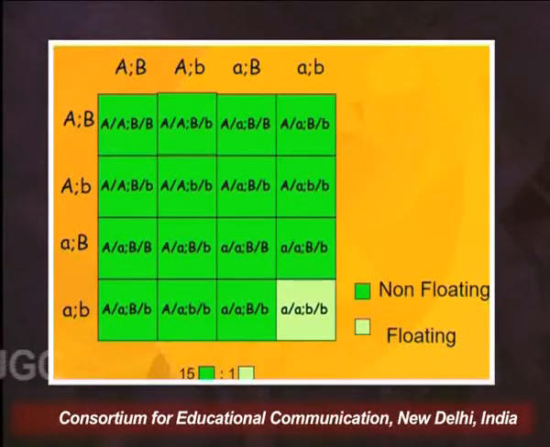And on your screens you can find the floating and non-floating in the F2 generation being 15:1, 15 non-floating and just 1 out of 16 as the floating ones. So the basic idea of the duplicate recessive state would be that it is only the floating habit in a homozygous recessive state which is going to produce the recessive phenotype.